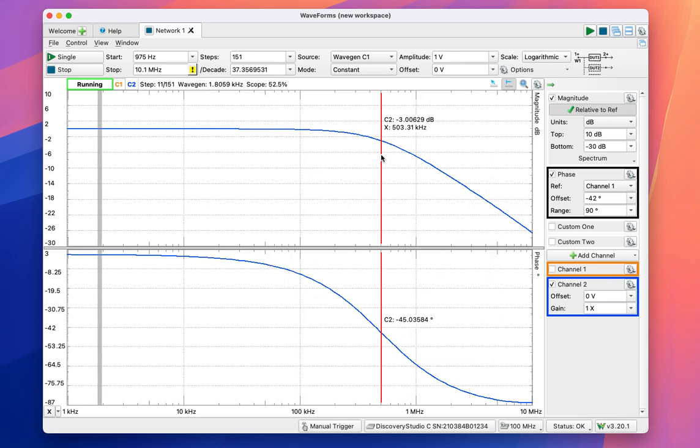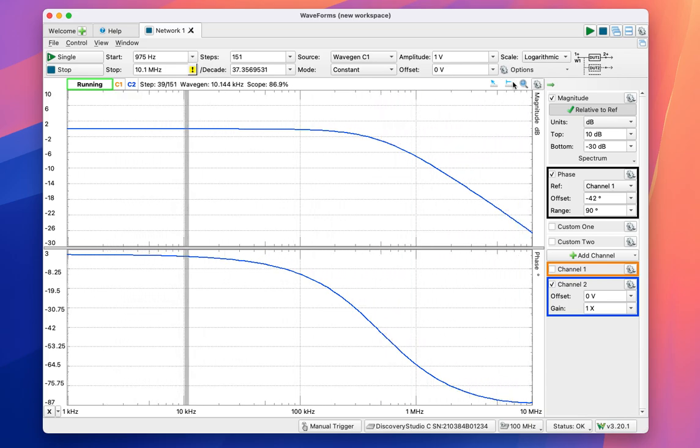There are 5% tolerances on these components. So we expect some minor difference. But based on the theory, we know that at minus 3 dBs, we're going to have that cutoff frequency, which corresponds to minus 45 degrees, or 45 degrees of displacement on phase, which is exactly what I'm showing here with this red line.